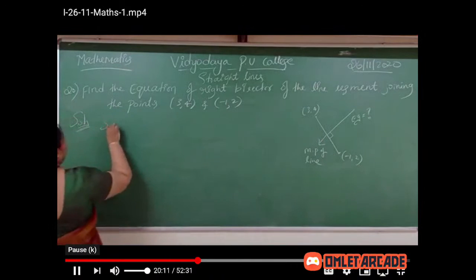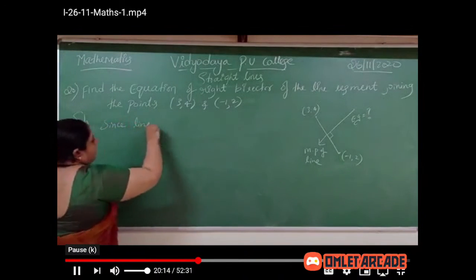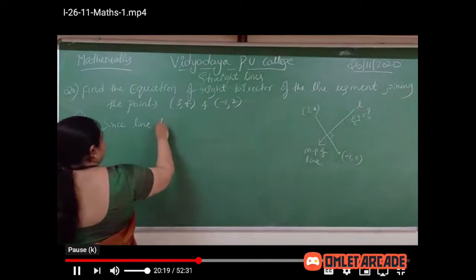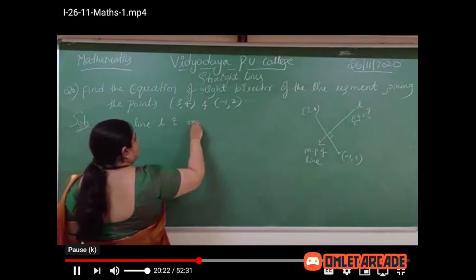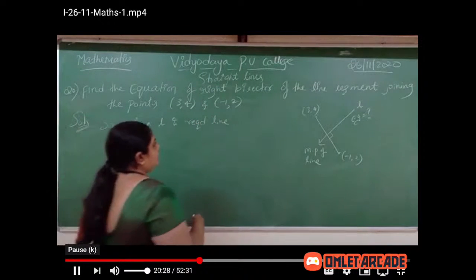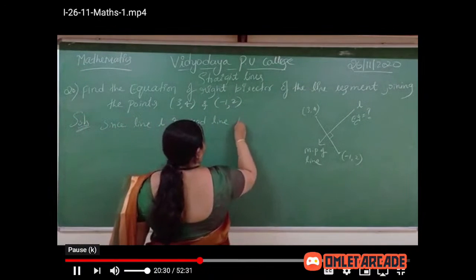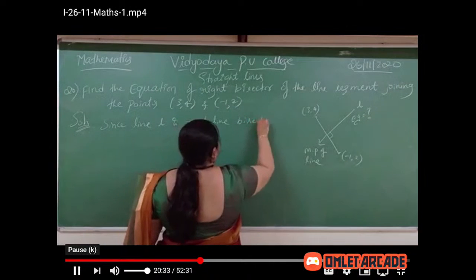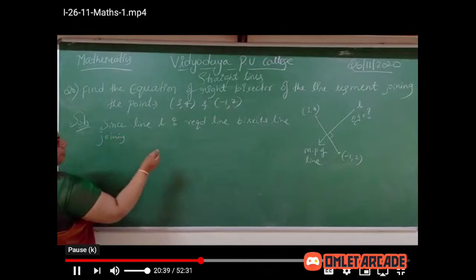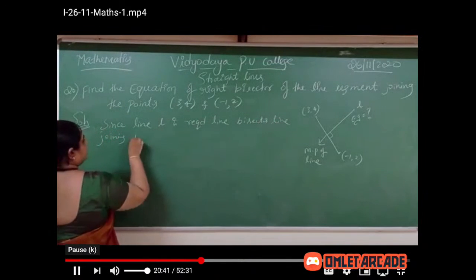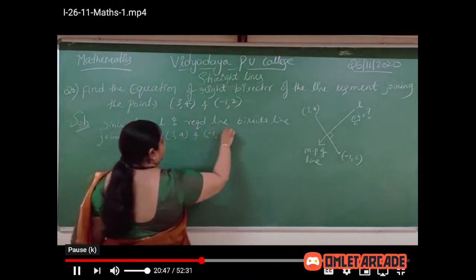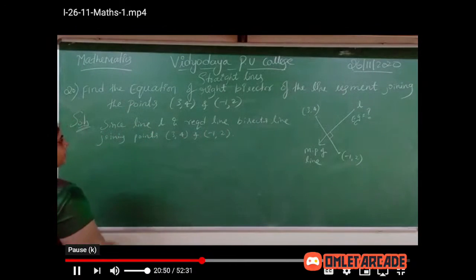First, let me call the line L. Since the line L is the required line, we need to find the equation of this one. So I am writing: the required line bisects the line joining the points (3, 4) and (-1, 2), isn't it?